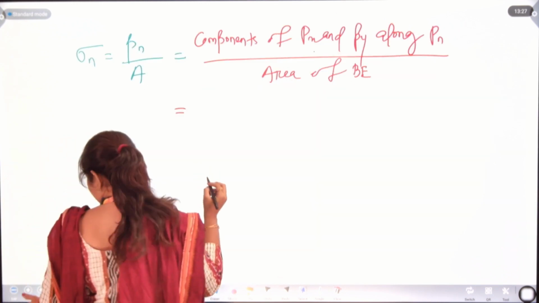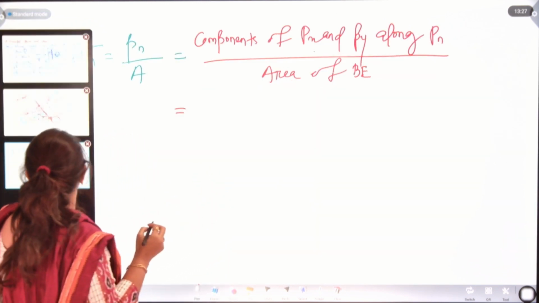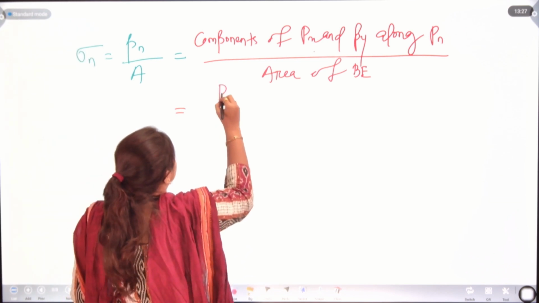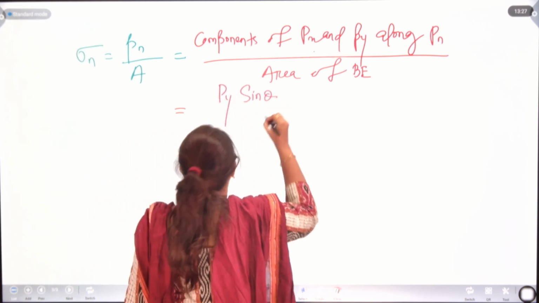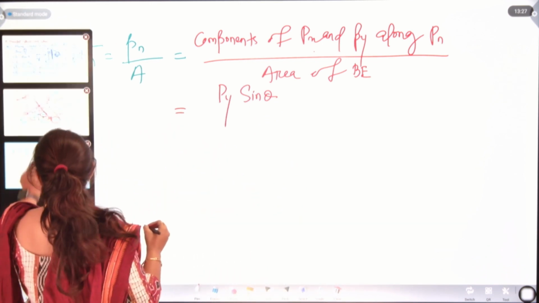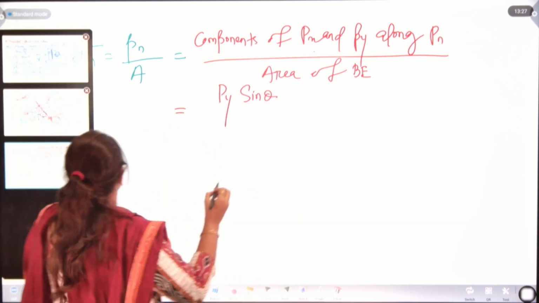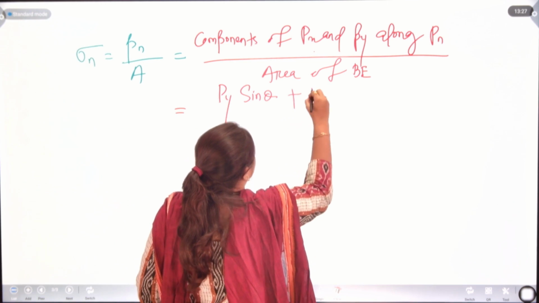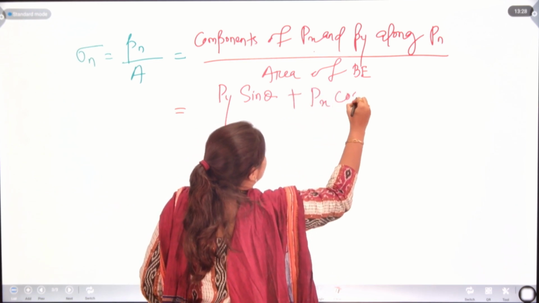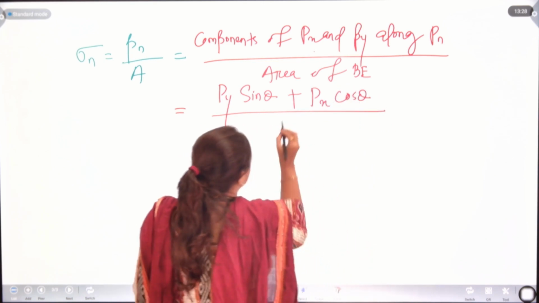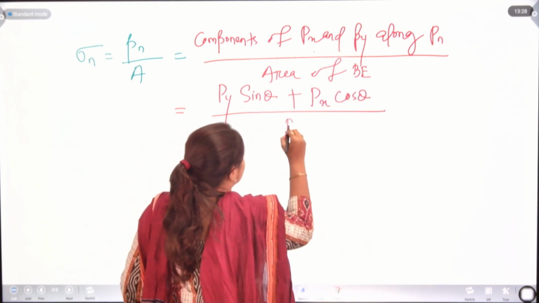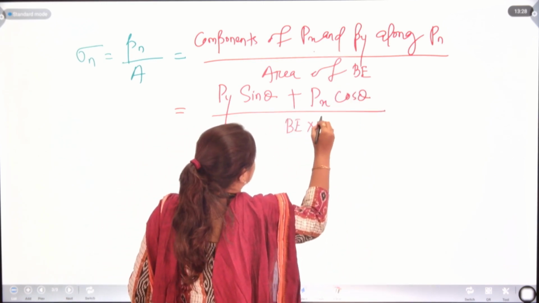Okay, so we can write Py sin theta plus Px cos theta, and area of BE, so we can write BE into 1.